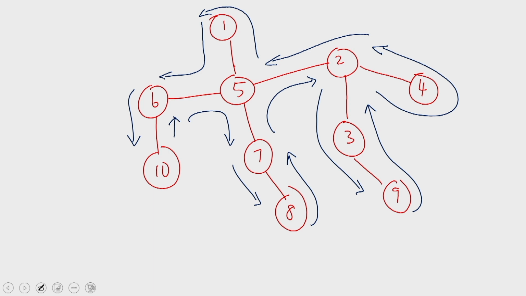So, when you start from vertex 1, you pass through vertex 5, 6, 10, and then back to 6, then 5, 7, 8, and then back to 7, 5, and then 2, 3, 9, and then back to 3, 2, 4, and then back to 2, then back to 5, and back to 1, and that completes the Euler circuit.